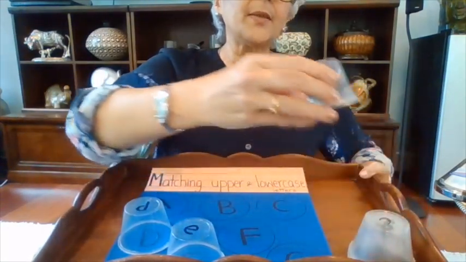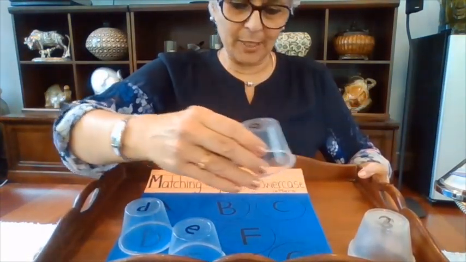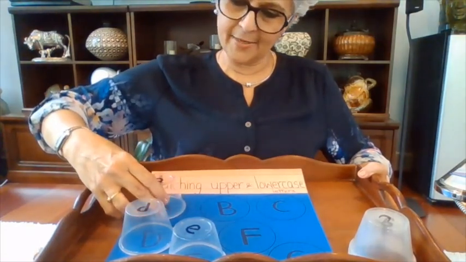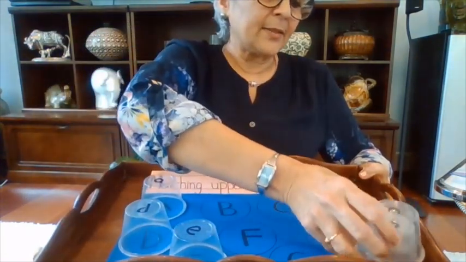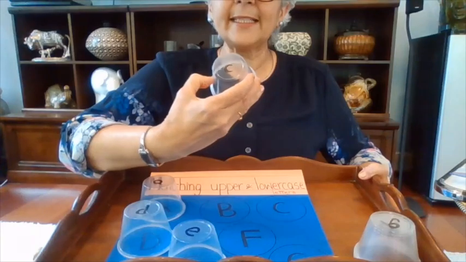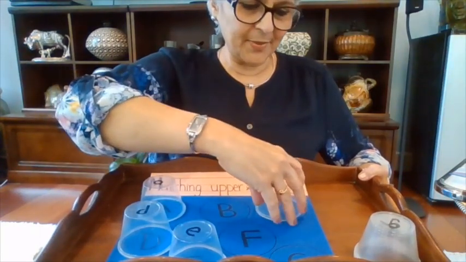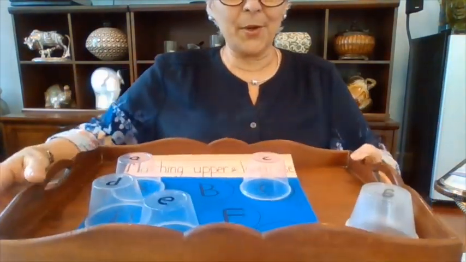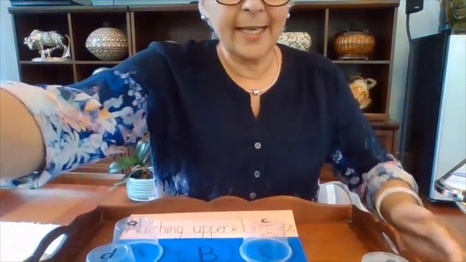And then the lowercase a. So let me look for it. Lowercase a. And the next one is C, the lowercase c. So this is another fun way to play the alphabet game, matching uppercase and lowercase letters, right?